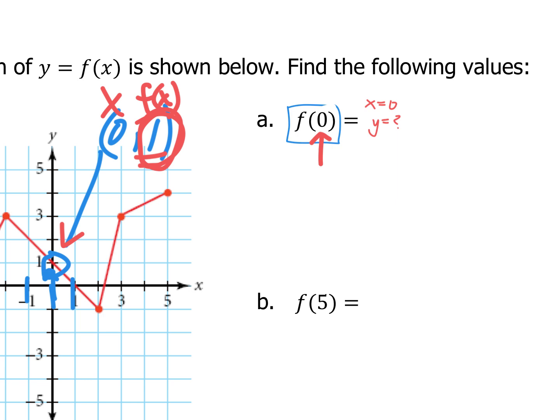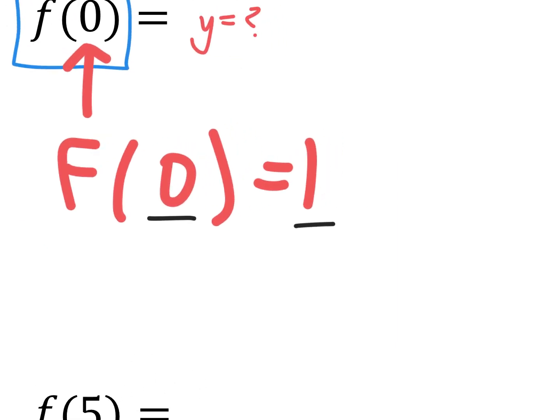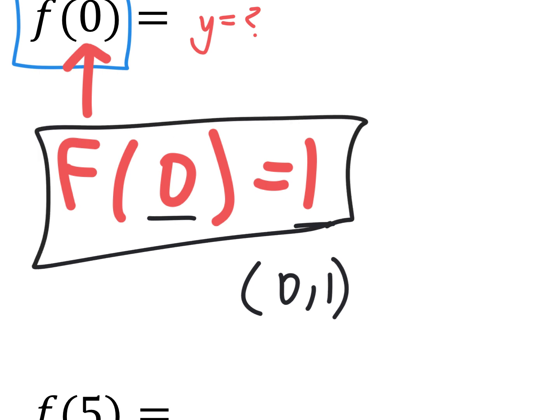So it must be 1. f of 0 equals 1. So what does that mean about this format? That's the X and that's the Y, so it means it's 0, 1. Anytime you see this kind of notation, remember, they're giving you a point. That's the X, that's the Y.